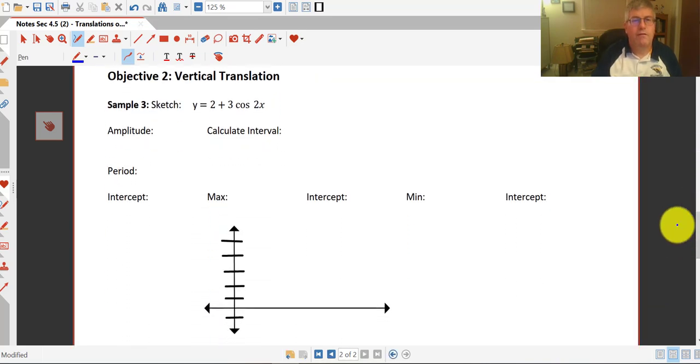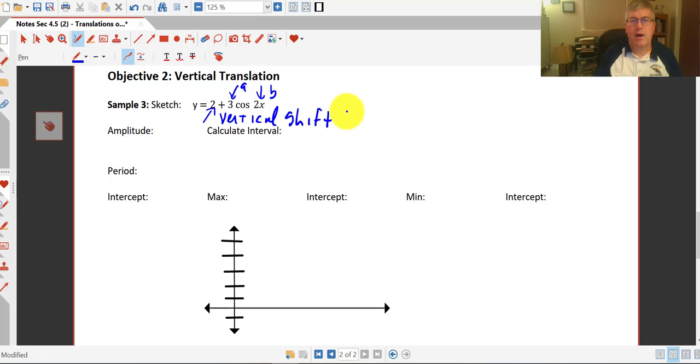We can also do a vertical translation. So the 3 is our A, the 2 is our B. That's going to impact our period. But this 2 here is going to create a vertical shift. So this is going to be a vertical translation or a vertical shift.